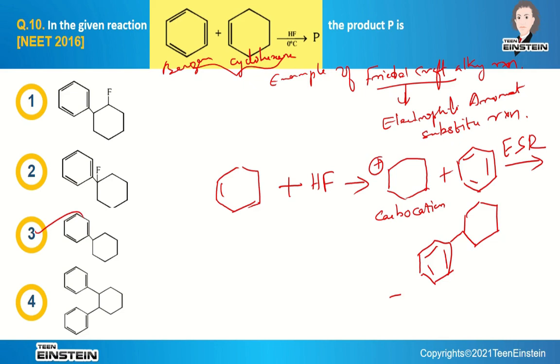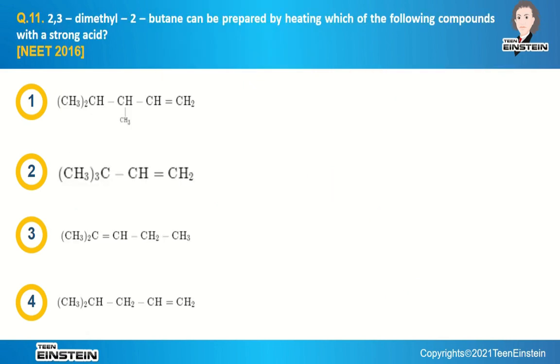So next, move on to the 11th question. 2,3-dimethyl-2-butene can be prepared by heating which of the following compounds with a strong acid? In presence of strong acid, a rearrangement reaction takes place.